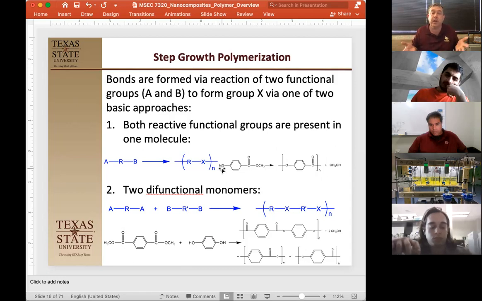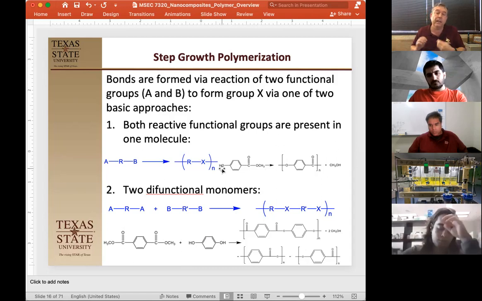So if you just set that monomer down and did nothing to it, nothing's going to happen, right? It's not going to react. But if you were to add a catalyst, add a little acid and heat it up, such that it would lose the methyl group on the end here, then the phenolic OH on the benzene ring is going to react with the ester and do a transesterification to give you your new backbone.